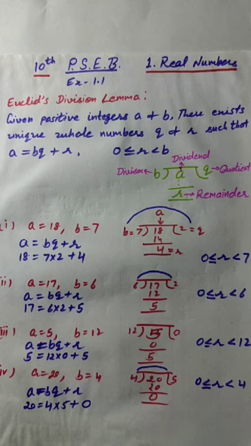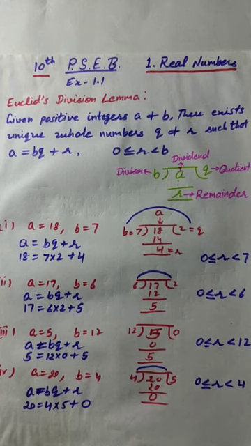This Euclid lemma is used in division or to find the HCF, highest common factor, of any two numbers, or two or more numbers also. So we'll find HCF by Euclid's lemma in our second lecture.